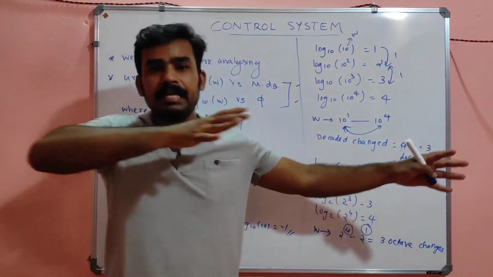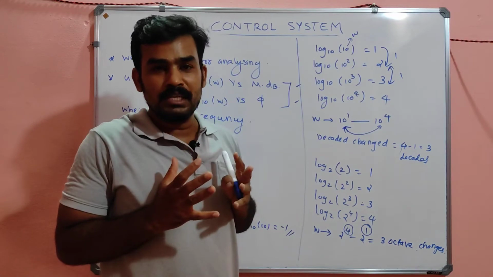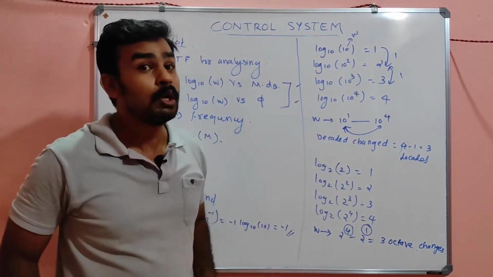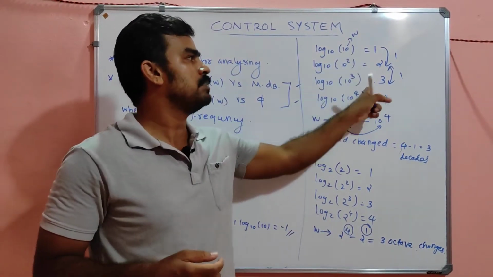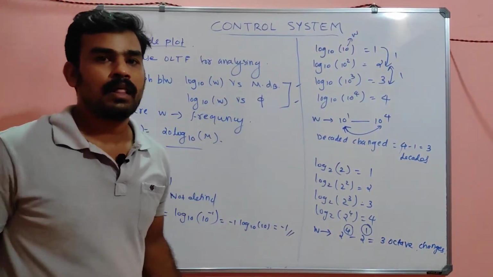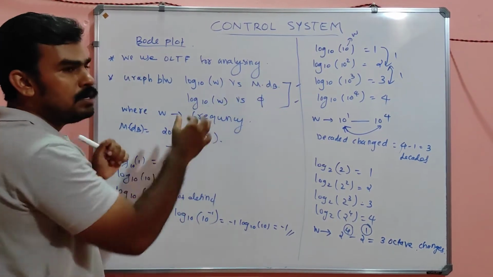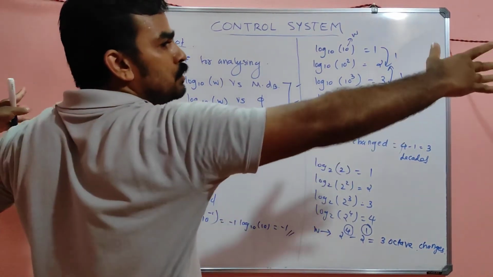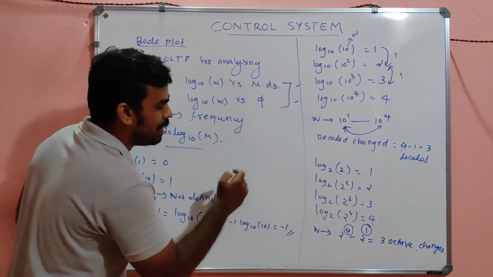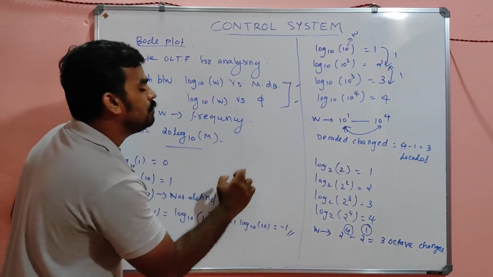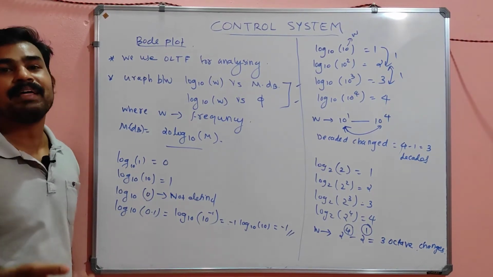That much wide range of frequency you changed when using a log axis. Suppose you want a direct frequency versus magnitude graph. You can't accommodate a very large range of frequency, because the graph is limited. A maximum of 10 points will be there. So in between 10 points, how much frequency can you accommodate? There is a limit.